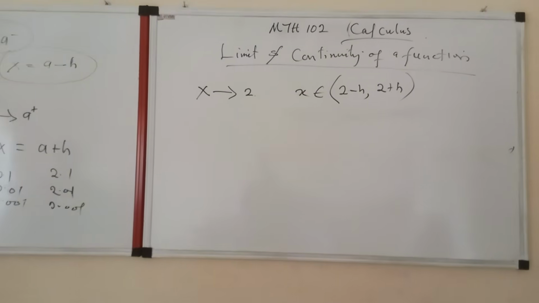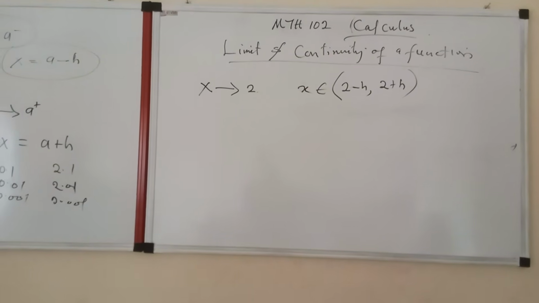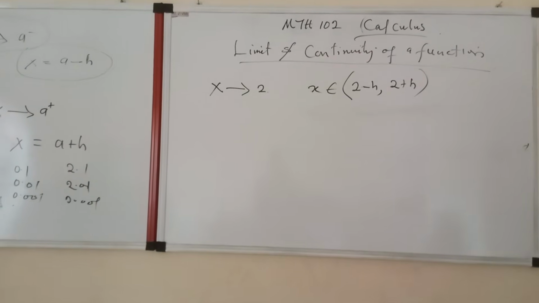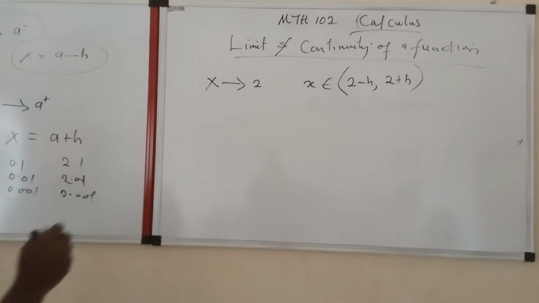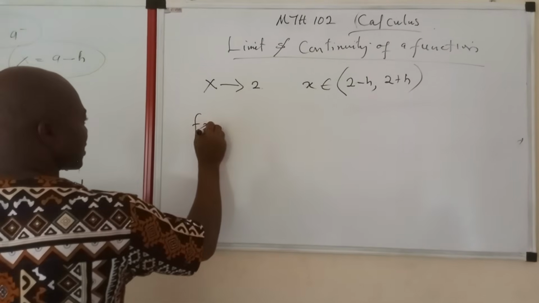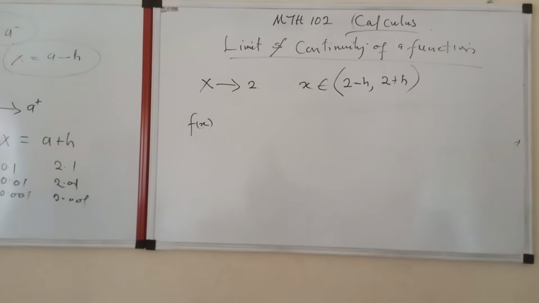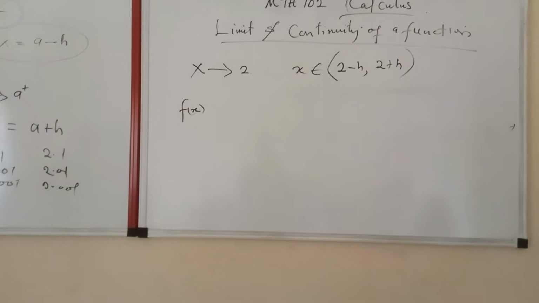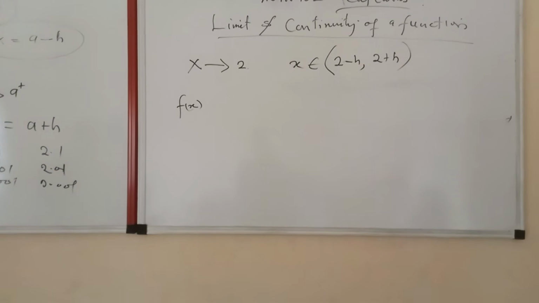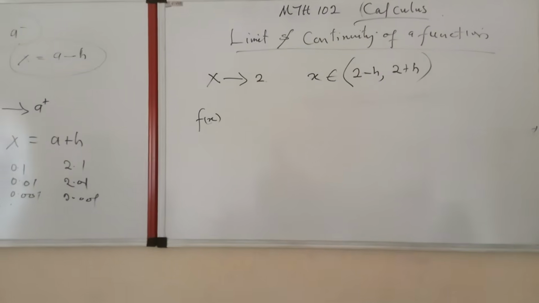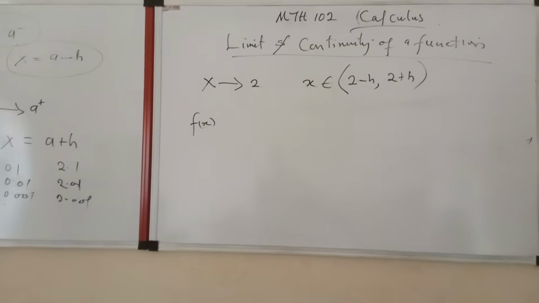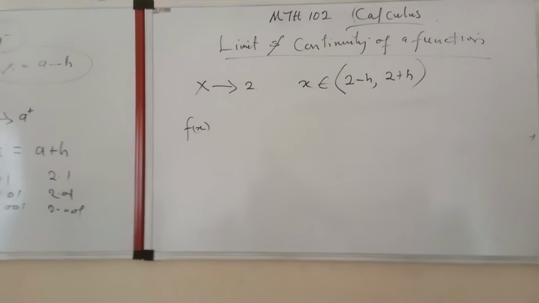Okay, then you say that you're talking about all x values in the neighborhood of 2. Now, let me give us a statement that will help us. Now, the limit of a function, say f of x, is a value that f of x approaches. The limit of a function f of x is a number that f of x approaches as x tends to a particular number.